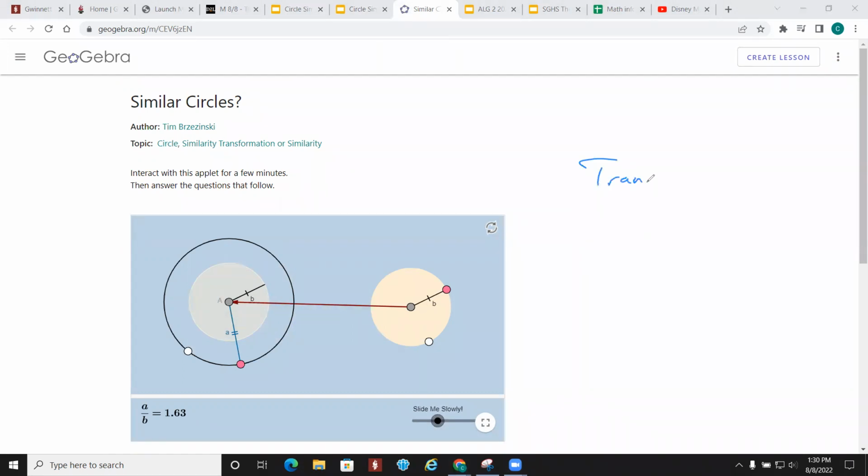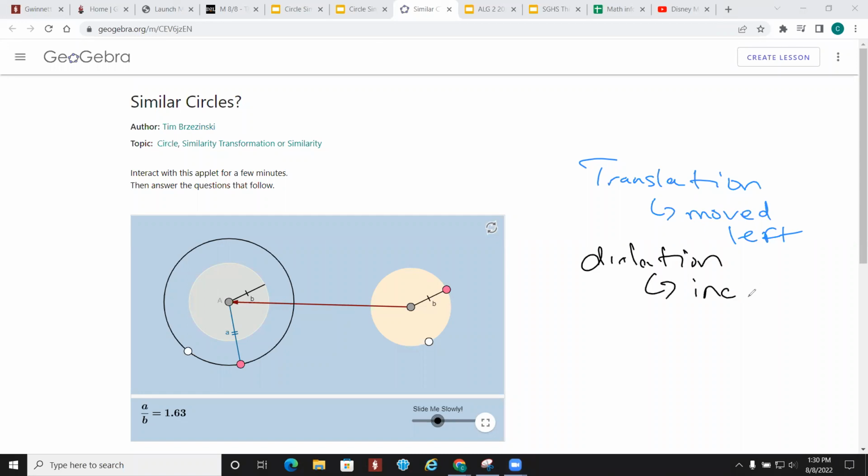I love it. Translation, so it moved to the left. Once we moved it to the left, what happened next? It dilated. So it increased in size.